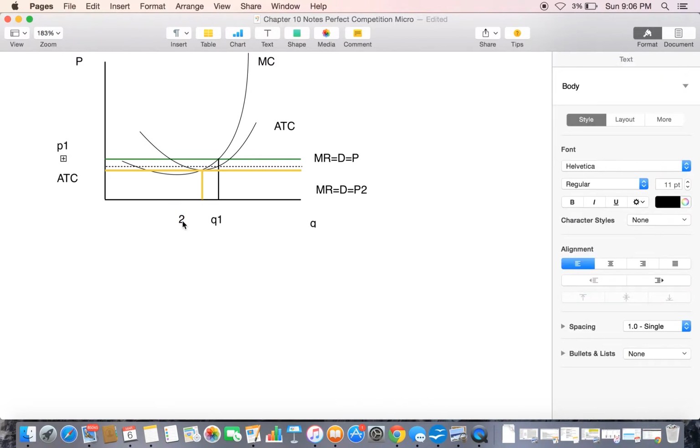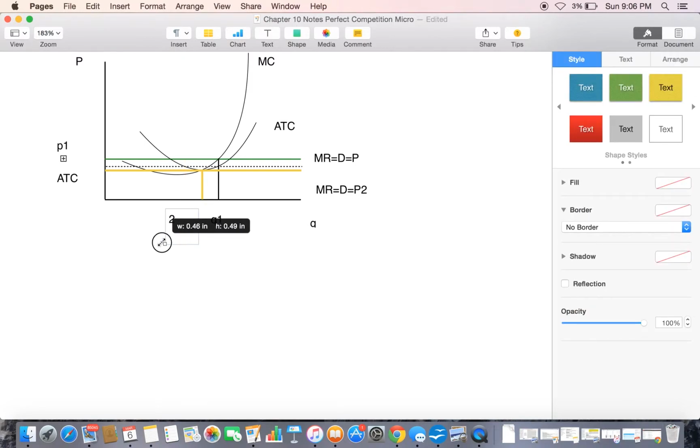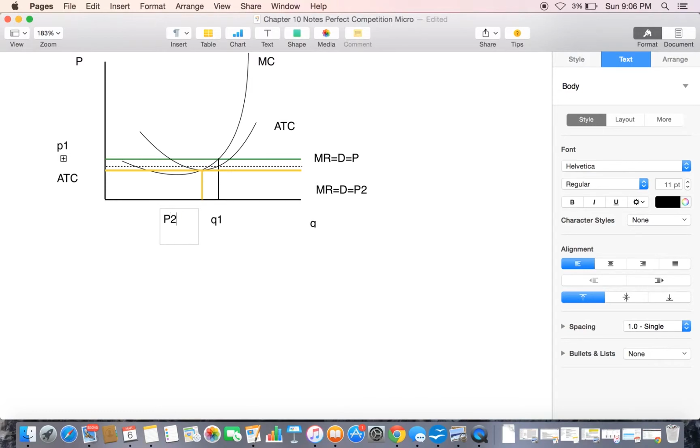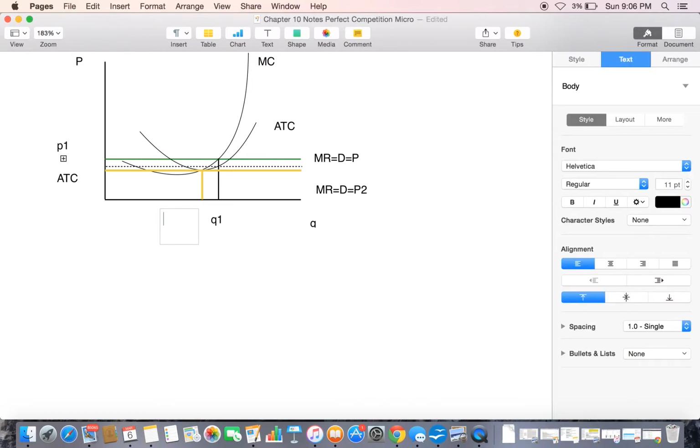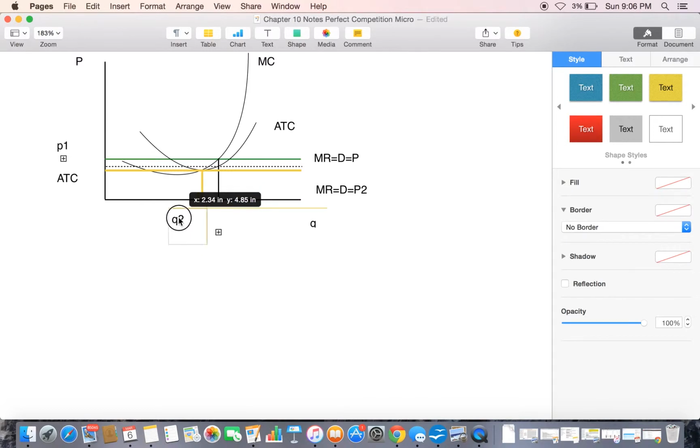This is beneficial for consumers because consumers will now not be paying for the firms to have an economic profit. They will be paying a lower price for whatever product they are buying. And when they're paying a price that is equal to average total costs, that means that there are no economic profits. So let's take a look at our equation.